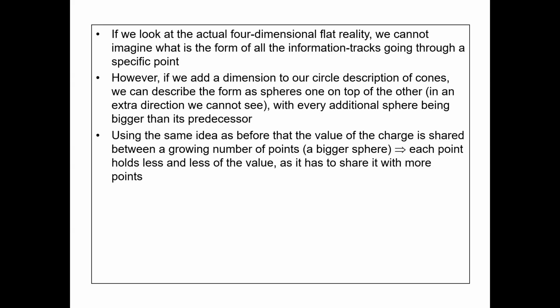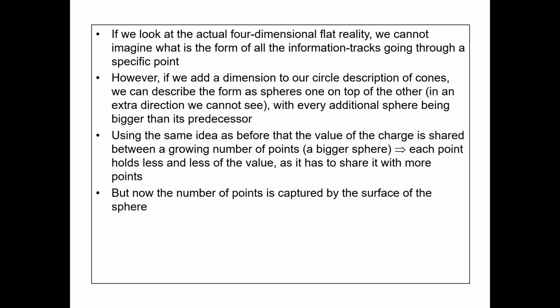Now, using the same idea as before, that the value of the charge is shared between a growing number of points, a bigger sphere every time, leads us to the same conclusion that each point holds less and less of the value as it has to share it with more points. But now the number of points is captured by the surface of the sphere, not the circumference of a circle.